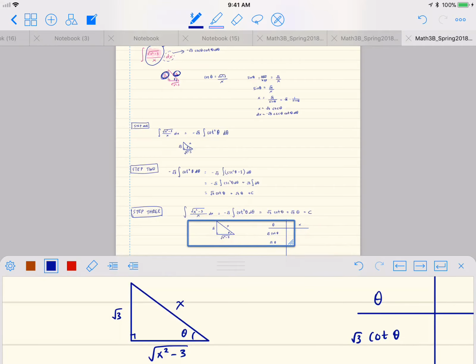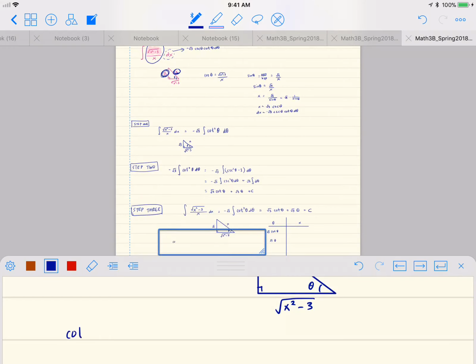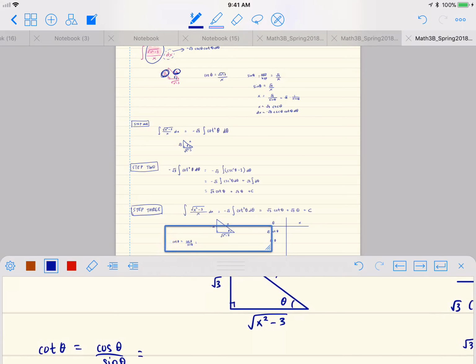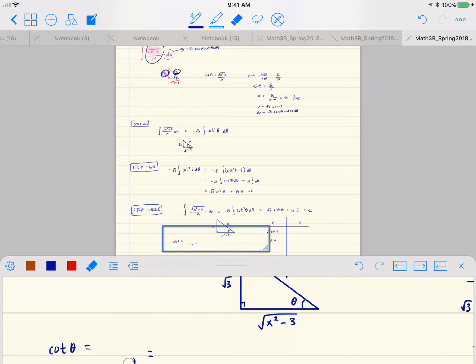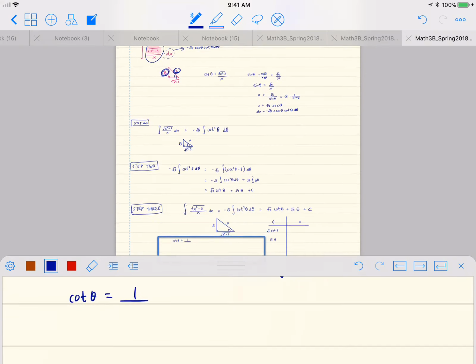I look back at my triangle, and I say, what's cotangent of theta? Cotangent of theta, remember, is going to be cosine of theta over sine of theta. Well, maybe it's better for us to say cotangent theta is 1 over tangent of theta.